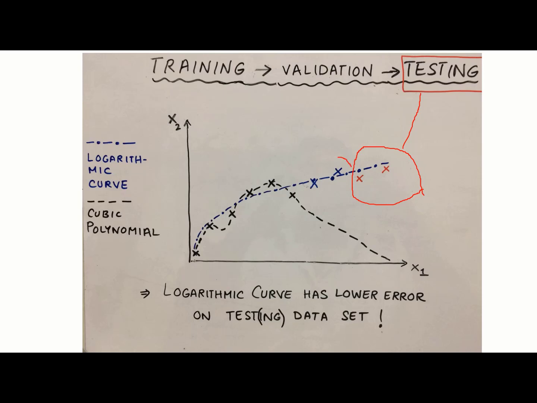So the validation was performed using data points number 7 and 8, and the first 6 were used to train the two curves. And you can see that the logarithmic fit continues to perform well on the testing data as well. So that describes the whole process, and it is a typical process in machine learning applications and algorithms.